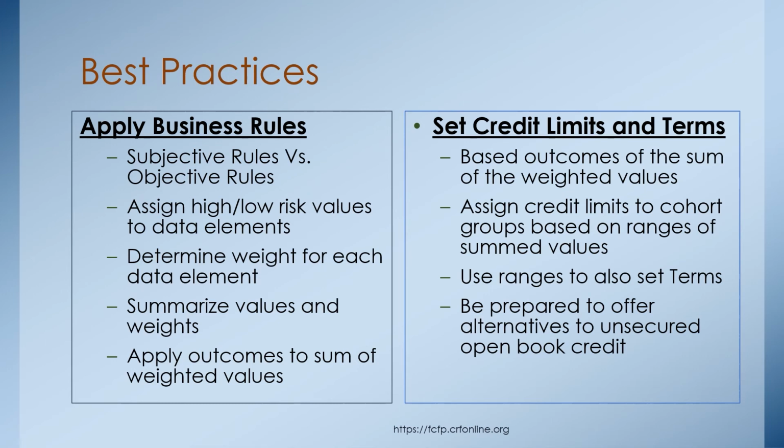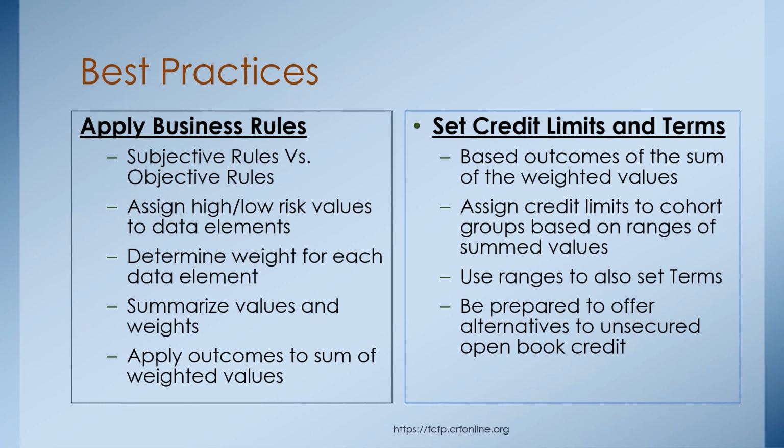So again, you could do this on a piece of paper, in an Excel spreadsheet, or in third-party software, but what you do here is you've done your evaluation, you apply some values and percentages, and then you have some outcomes from that summarization of weighted values.